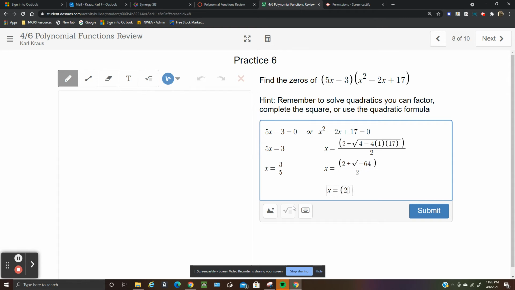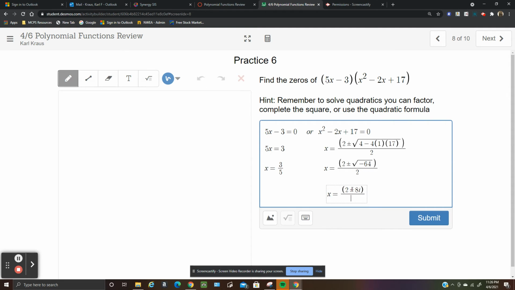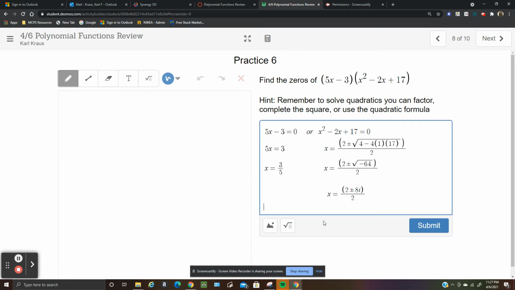So 2 plus or minus the square root of negative 64, which would be 8i, over 2. And I can simplify that further.